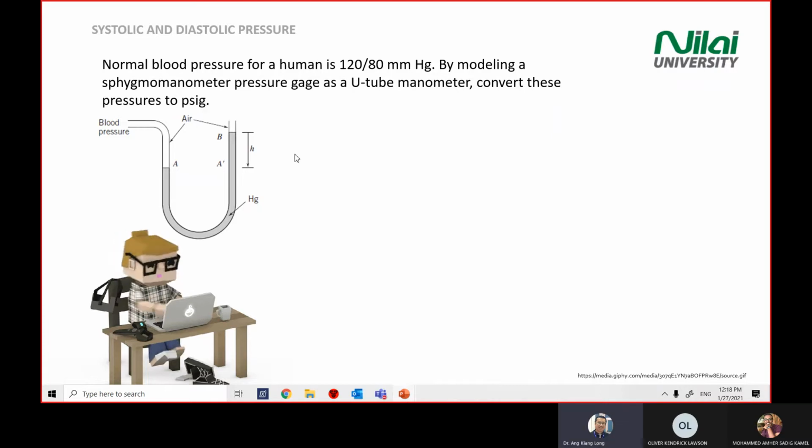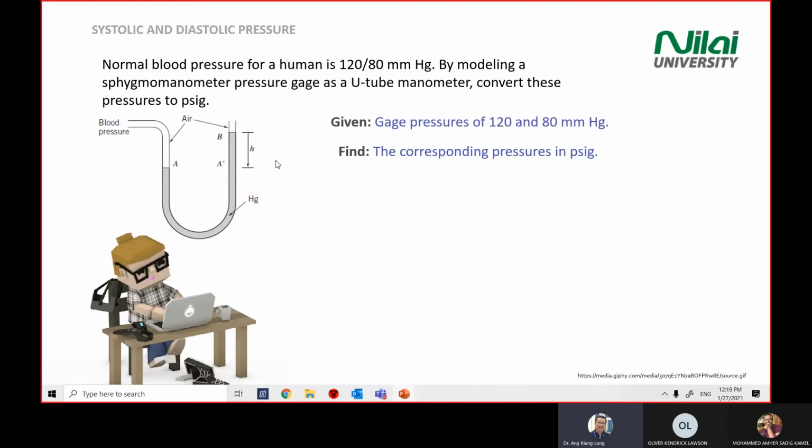G is gauge. You pump in your blood pressure from the left, so the blood pressure will compress the mercury inside the U-tube here. And you can measure the difference of height from this point to this point, given by H here.